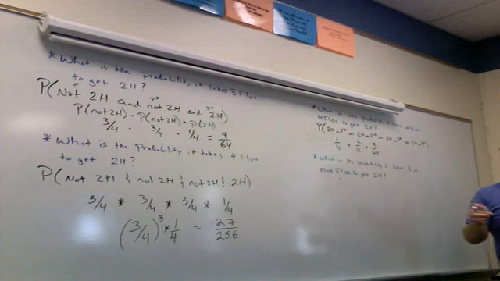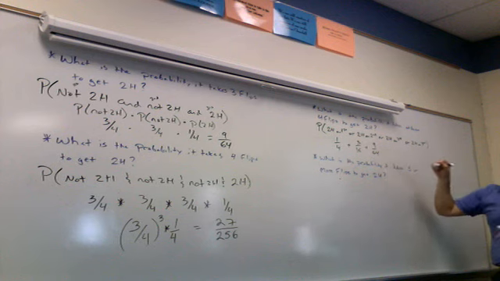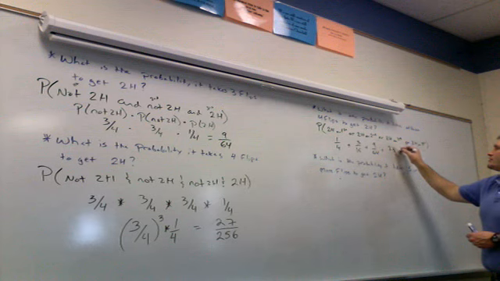Yes, mutually exclusive means the and is 0, not the or. So this is probability on 3 flips, plus the probability on 4 flips, which was 27 out of 256.